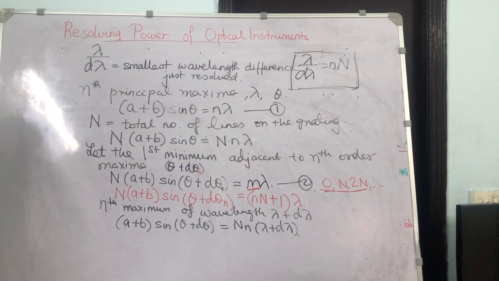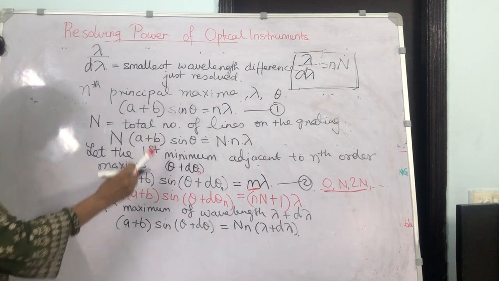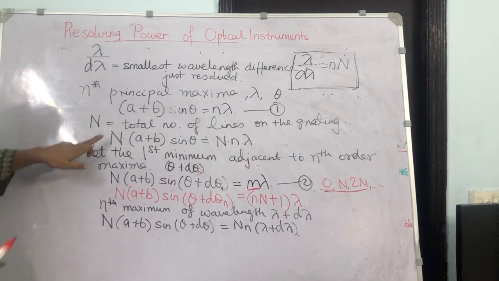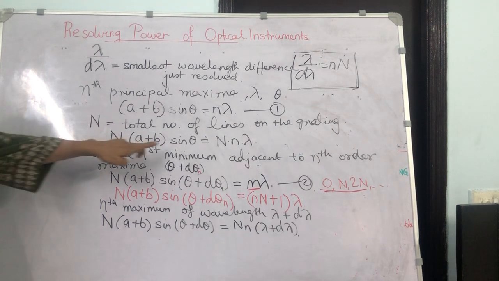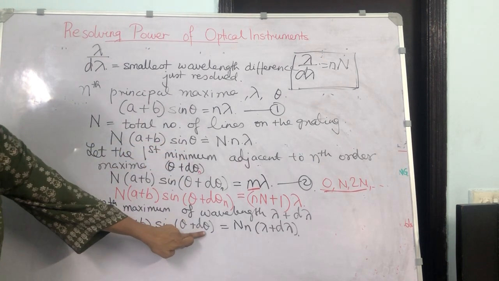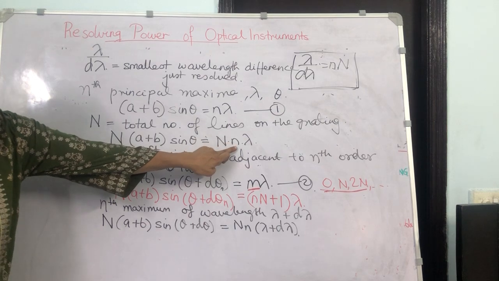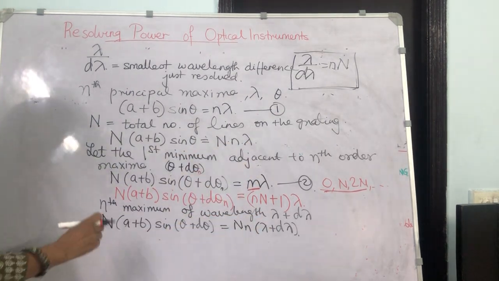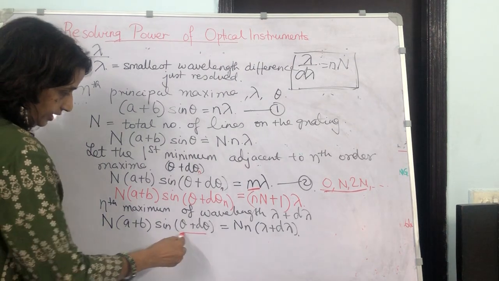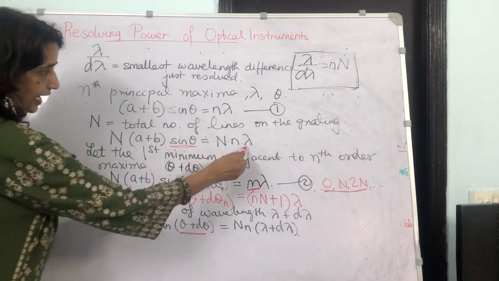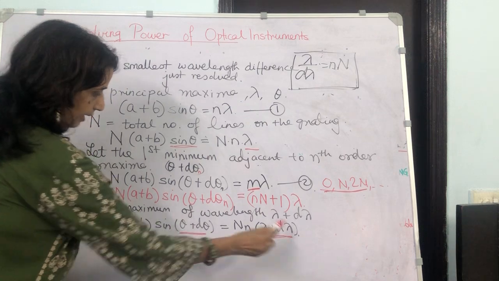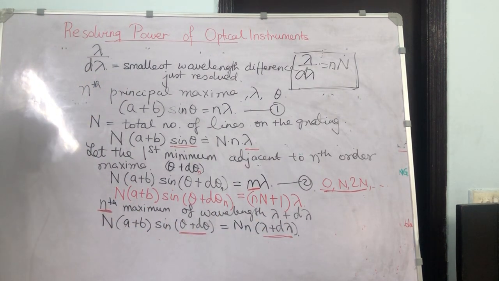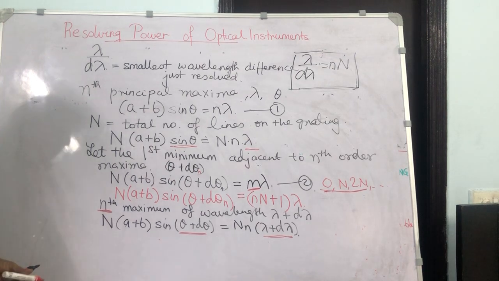Don't get confused. See, in this expression, this N will be here also: N (a plus b) sine theta plus d theta is equal to n into N lambda plus d lambda. That is all. See, theta plus d theta and lambda plus d lambda, because now we are taking the nth maxima, right?